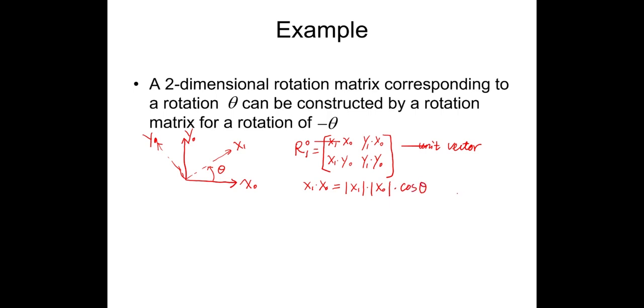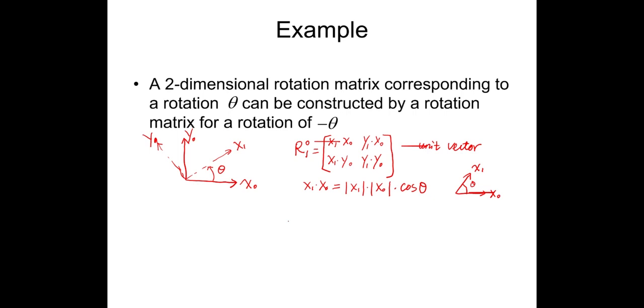I want to quickly review the dot product. Here we have a unit vector x0, here we have a unit vector x1, so the dot product equals the length of x0 times the length of x1 times the angle in between, which we assume is theta.